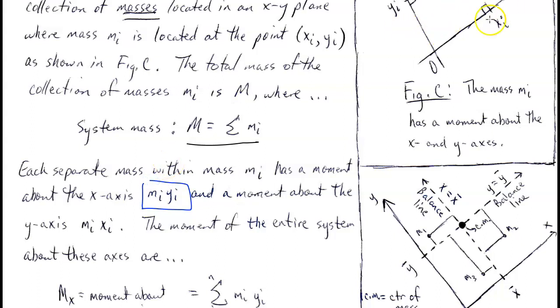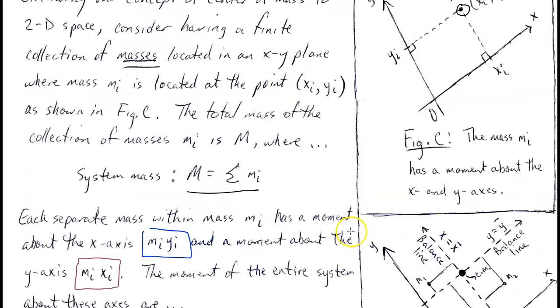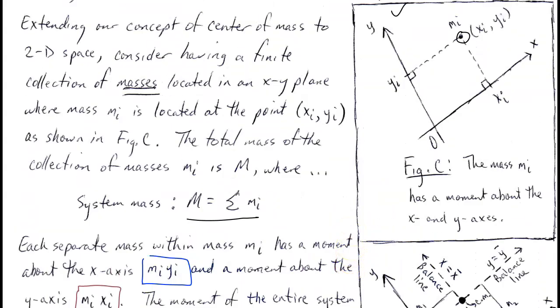We also have a moment about the y-axis, which we refer to as m sub i times x sub i. I'm going to draw this for you so you can get an idea of why we say this. I'm going to switch colors again here.